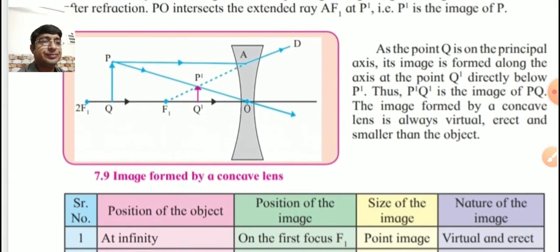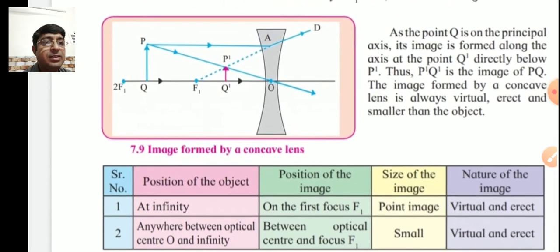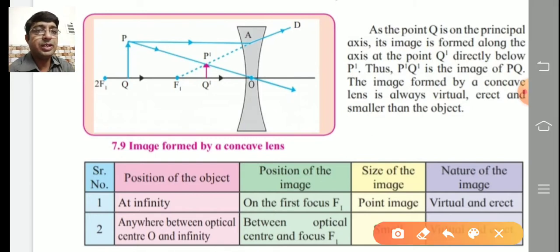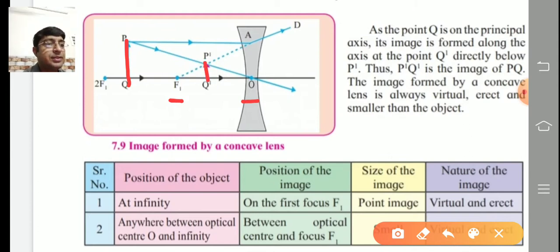See here. What is that second one? Now object anywhere between optical center and infinity. So where is our object? Here. So where is the image? Position of the image is what? Between optical center and f1. It's between these 2 points. So image is formed here.